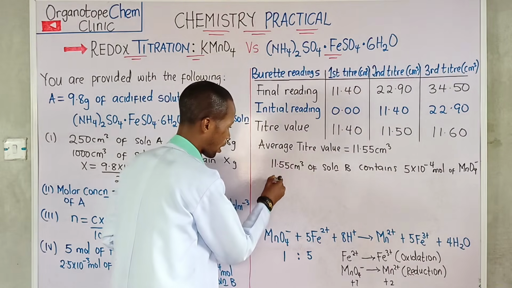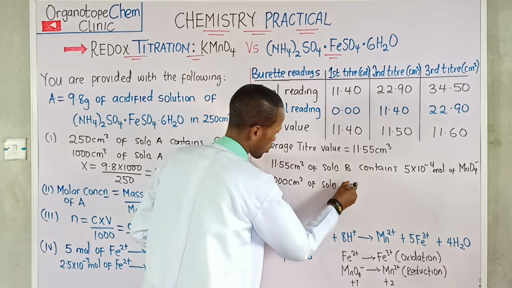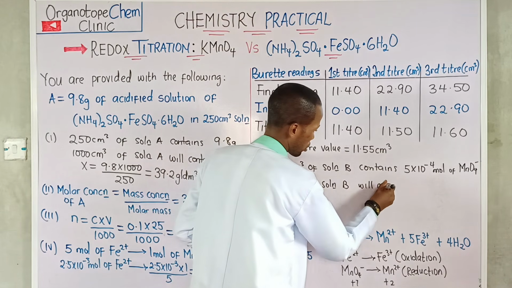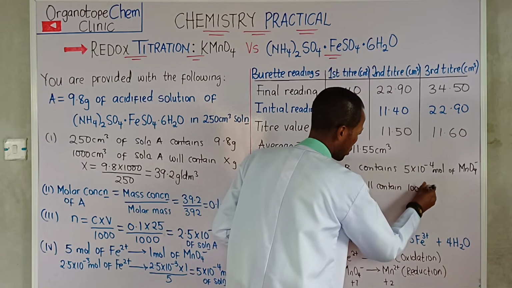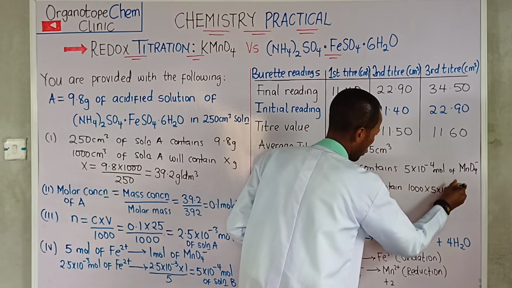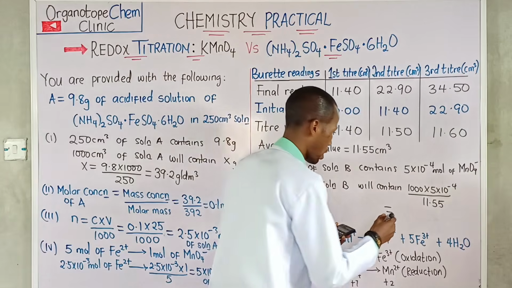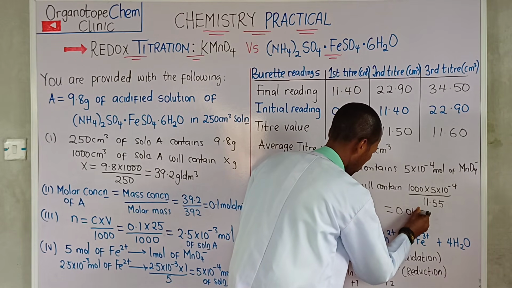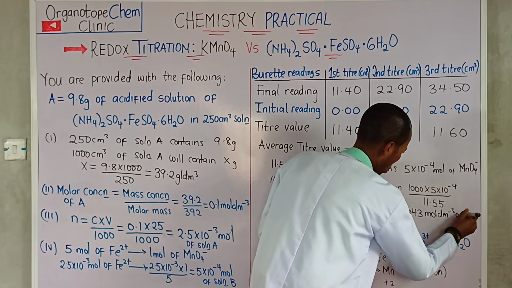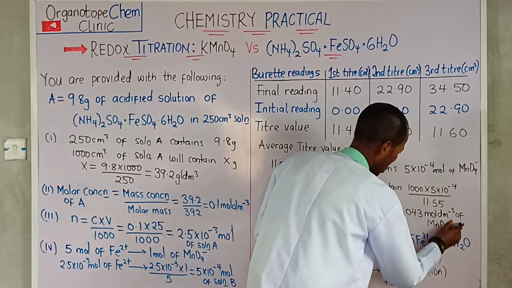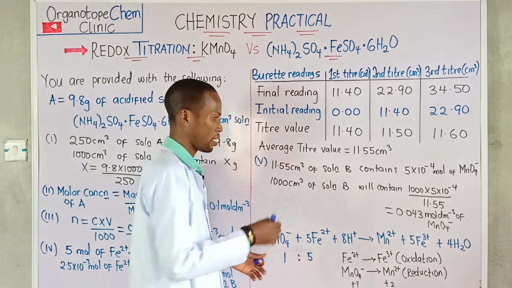Now 1000 cm³ of solution B will contain, we cross multiply, we have 1000 times 5 times 10 raised to power minus 4 divided by 11.55. So what do we have? We have 0.043 mole per dm³ of manganese ion. Make sense? We've been able to determine the molar concentration of manganese ion right here.